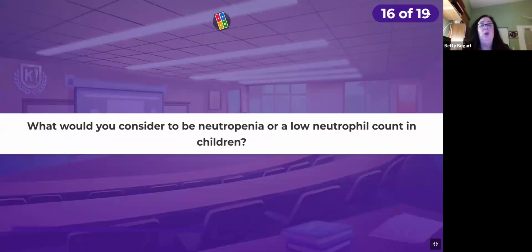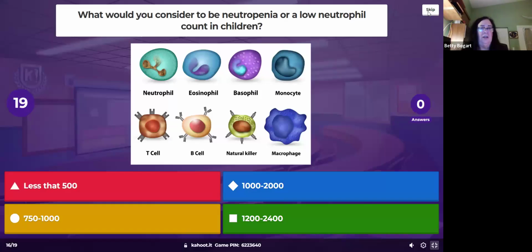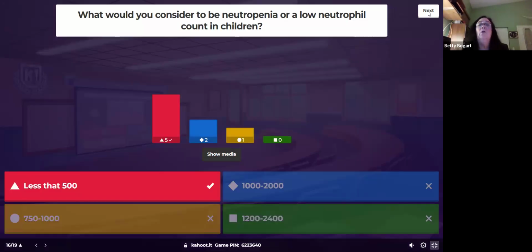What would you consider to be neutropenia or low neutrophil count in children? What's the normal value of neutrophils? So neutrophils should be about 2,000.